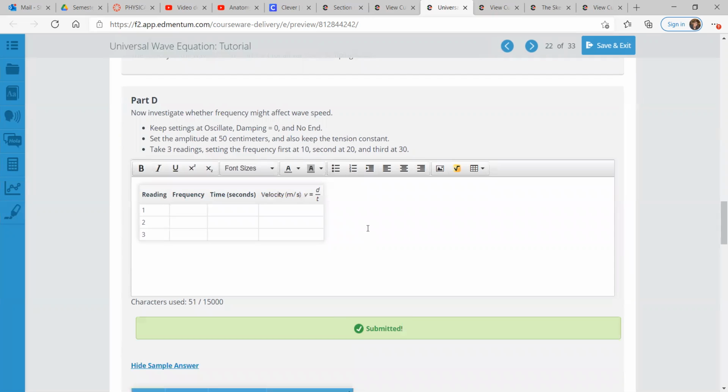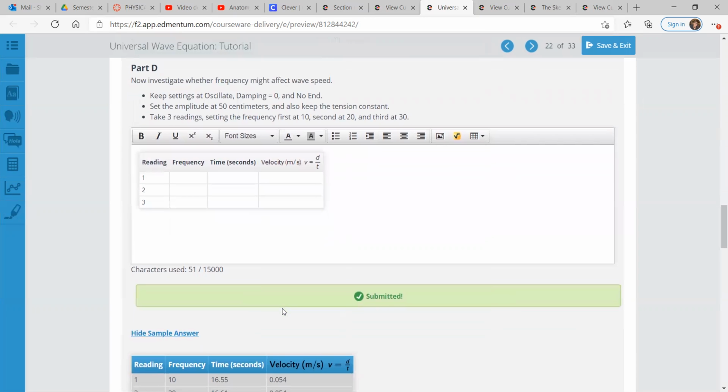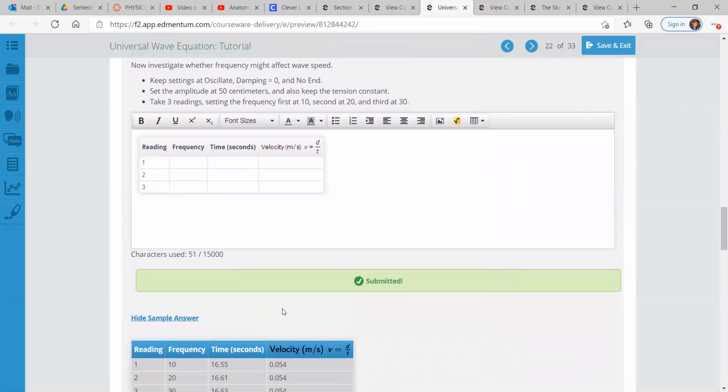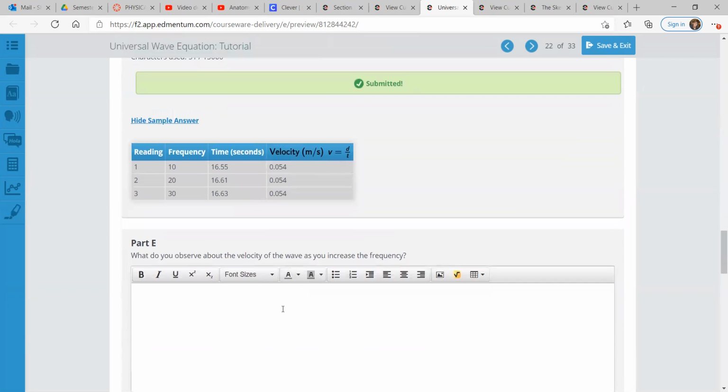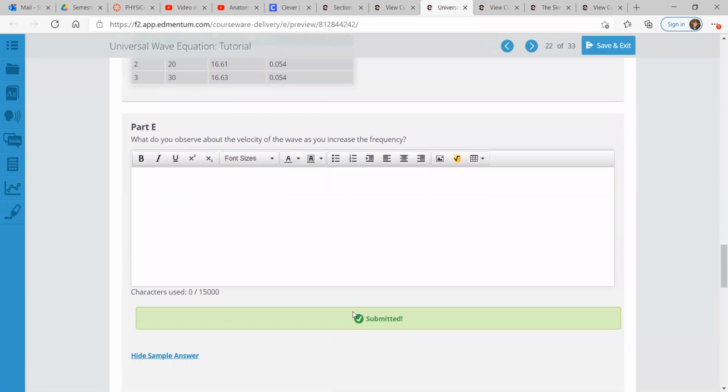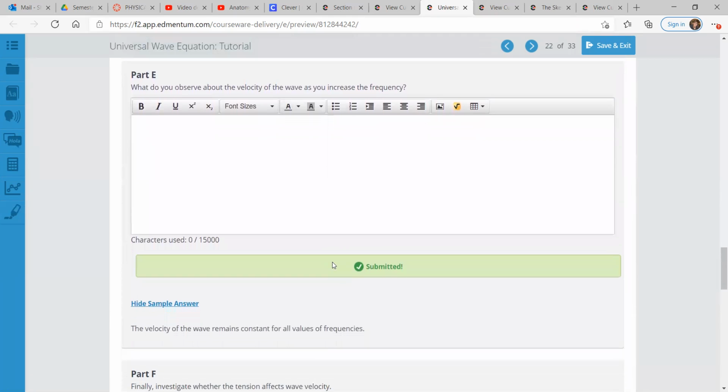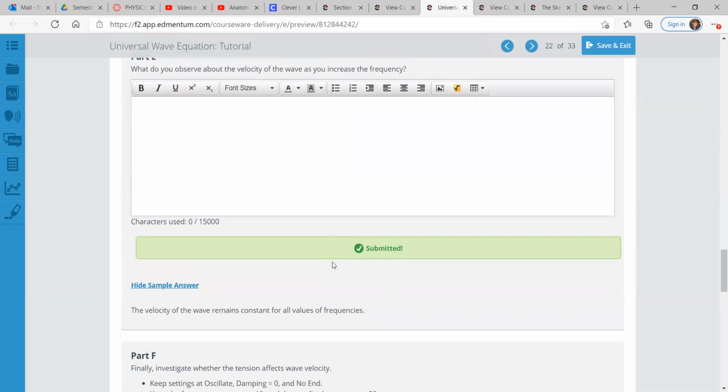And then part D, whether frequency might affect wave speed. What do you observe about the velocity of the wave as you increase the frequency? The velocity of the wave remains constant for all values of frequency.